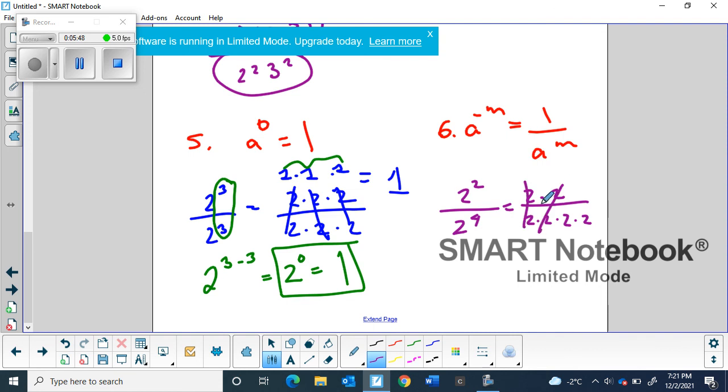When we cancel, we are left with 2 2's on the bottom, which means there's only 1 left on top. And if we were to use our rule where we're dividing the same bases, 2 minus 4 is 2 to the negative 2. And we've noticed that we proved that these mean the exact same thing, and that's why we're able to write it that way.